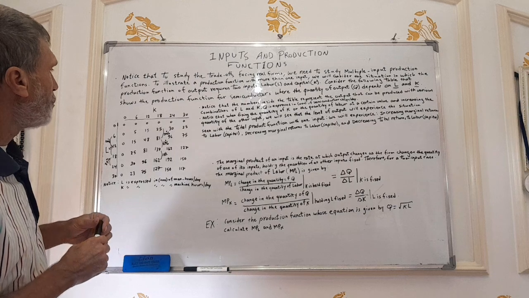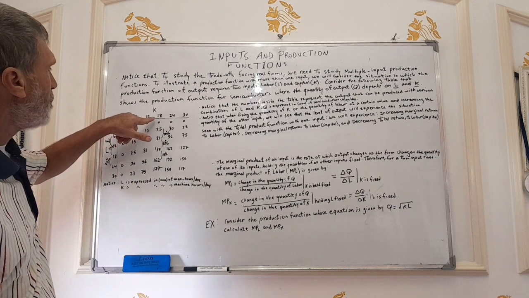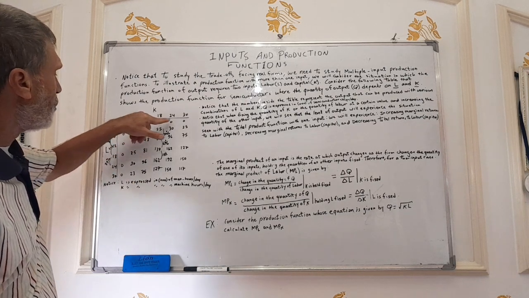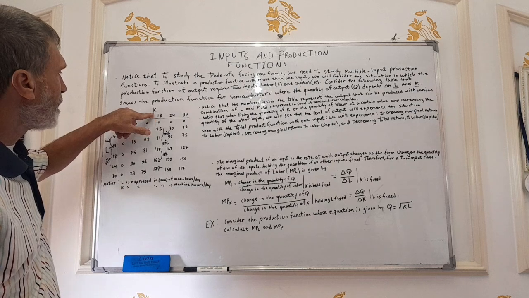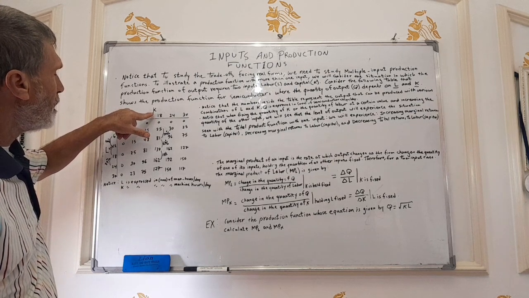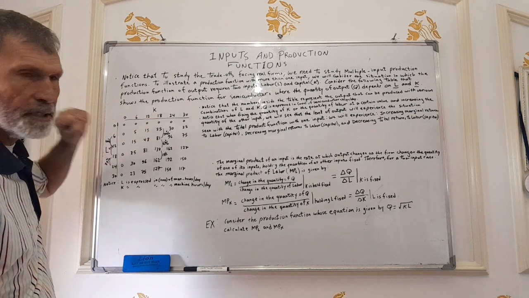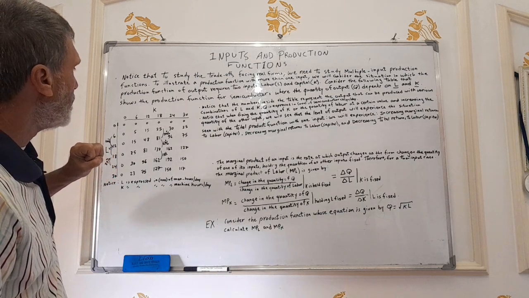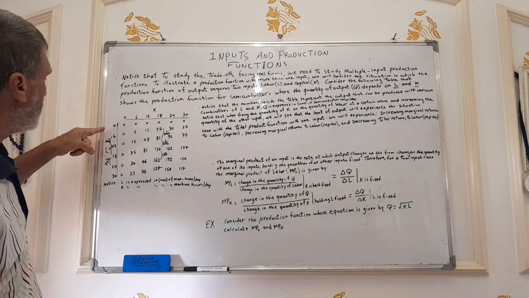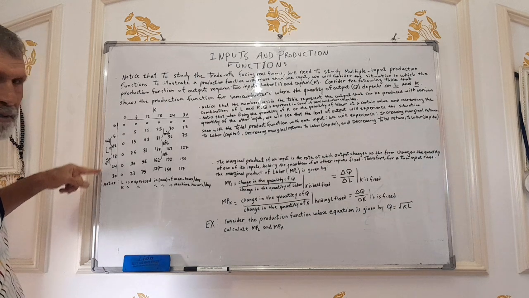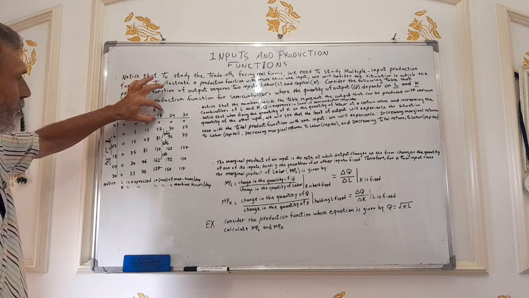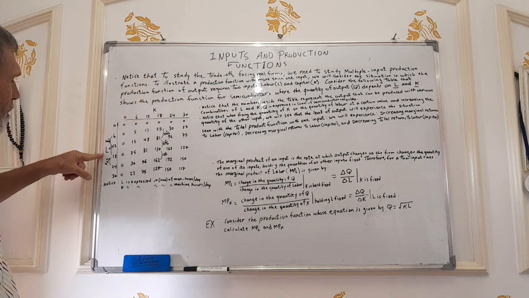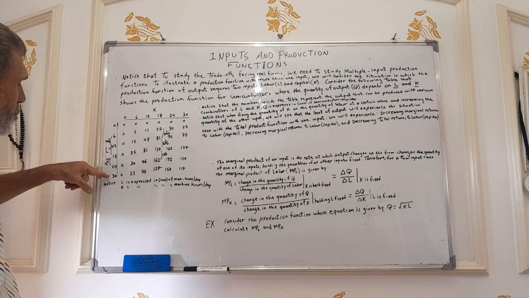let's say we fix capital at any value. Let's say we fix the amount of capital at 18,000 machine hours per day, and let the amount of labor vary. We fix K at 18, and then let L vary from 0 all the way to 30.